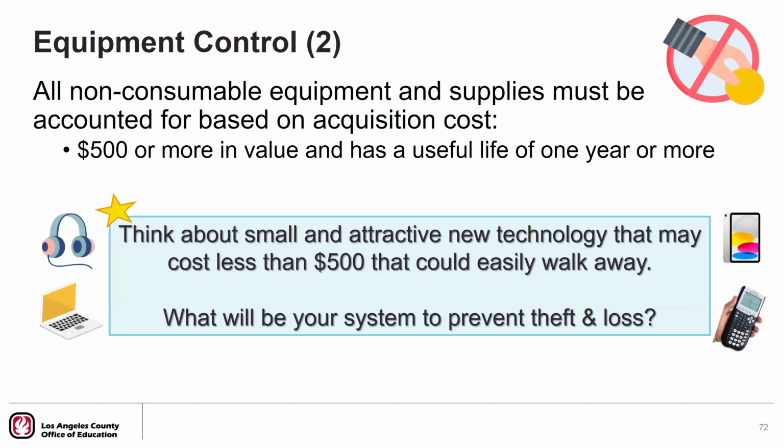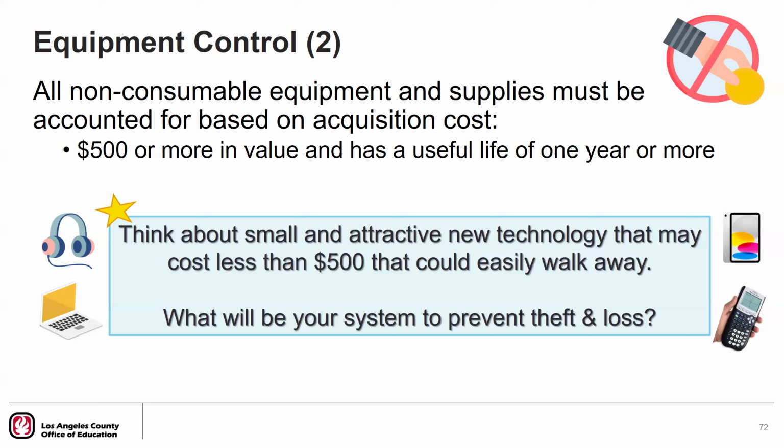For these smaller items of lesser cost that could easily go missing, what is your policy and procedure to monitor these items that could easily walk away? How does your LEA account for small and attractive new technology that may cost less than $500?